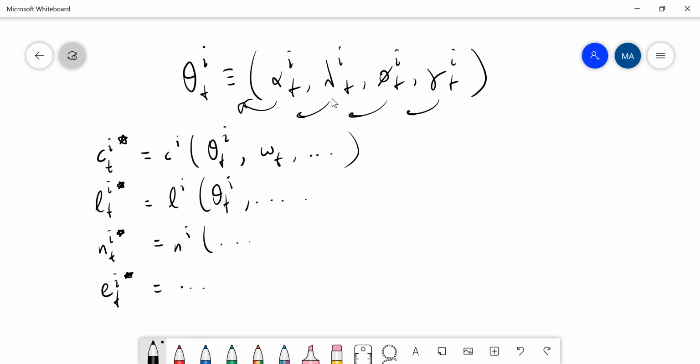Now, in the simplest models, we assume that these preference parameters are fixed. So we assume that theta is fixed and exogenous, but in reality, it changes across people. So there is heterogeneity, and also it changes across time.